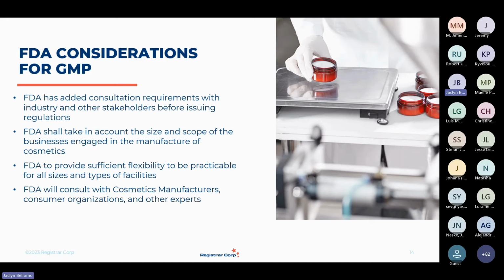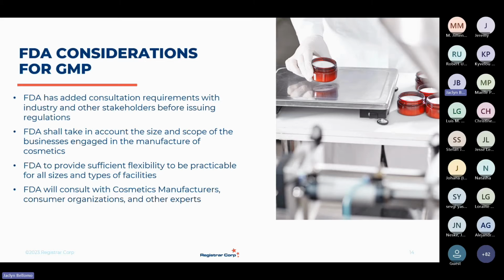Again, GMPs are designed to assure the identity, strength, quality, and purity of the products being manufactured. So they need to review the scope. They need to review what the facilities are producing and making, and understand the risk to public health involved for all sizes of facilities.